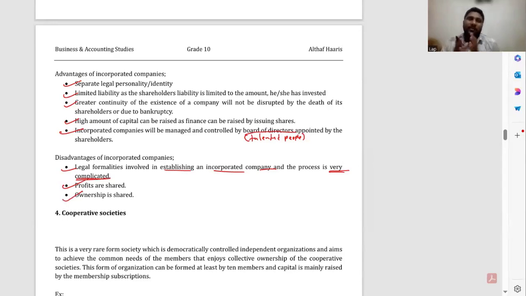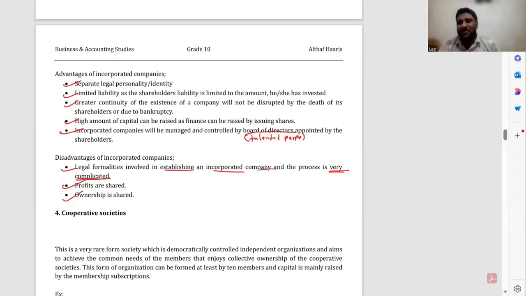So people, I want to emphasize three things across the sole trader, partnership and incorporated businesses. On legal identity: sole trader and partnership have no legal identity, but an incorporated business has. On liability: sole trader and partnership have unlimited liability, responsible for the business liability also, but in an incorporated business I am responsible only for my share portion, not the entire business liability.